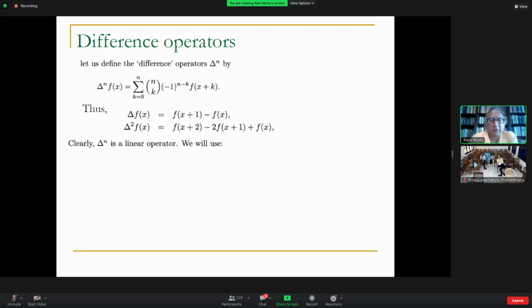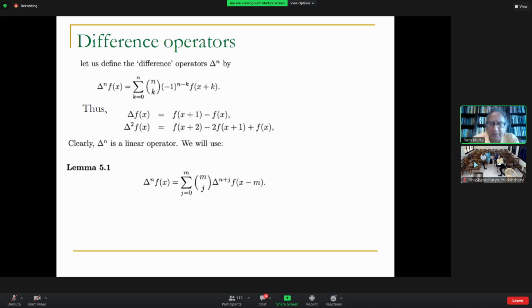Now, the other important thing to understand is that Δ^n is a linear operator. I'm not going to prove this, but it's not difficult to see that the nth difference of f(x) can be written as the sum of m choose j, Δ^(n+j) f(x minus m).